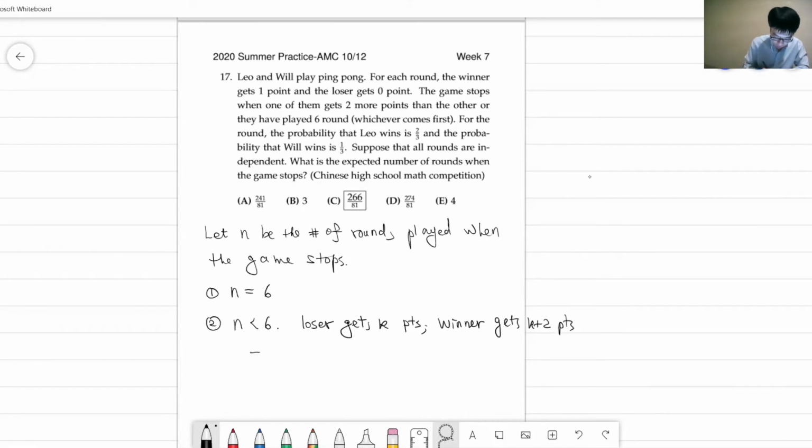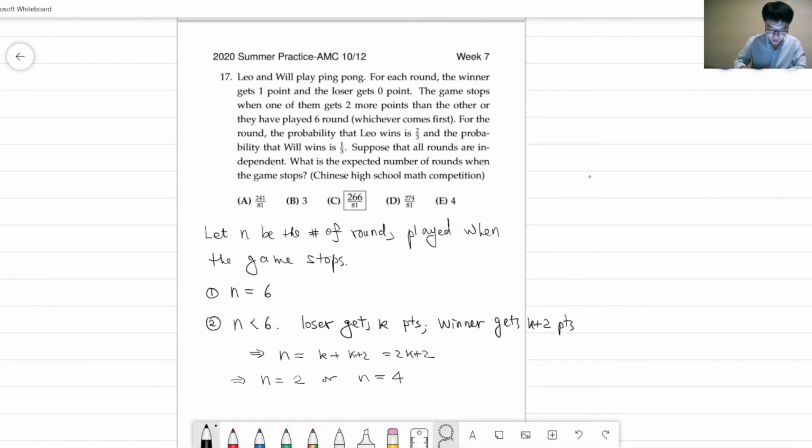So the total number is n equals k plus k plus 2, which is 2k plus 2. So in this case, we have n equals 2 if k equals 0, or n equals 4 if k is 1. So we have 3 possible values for n: 2, 4, 6.